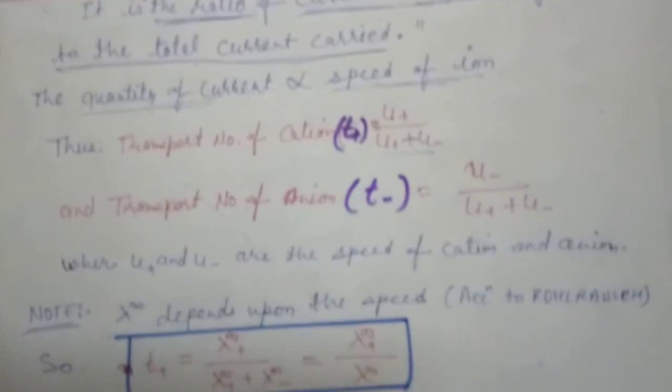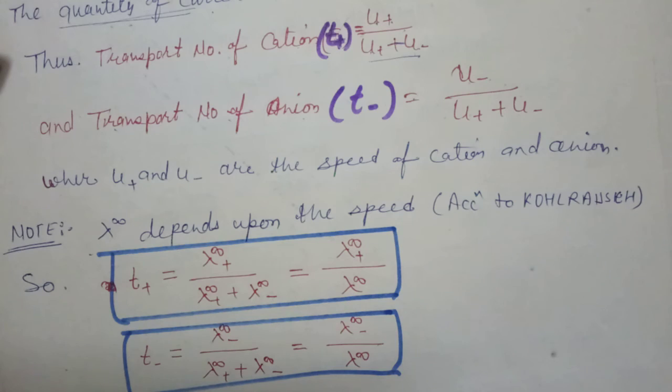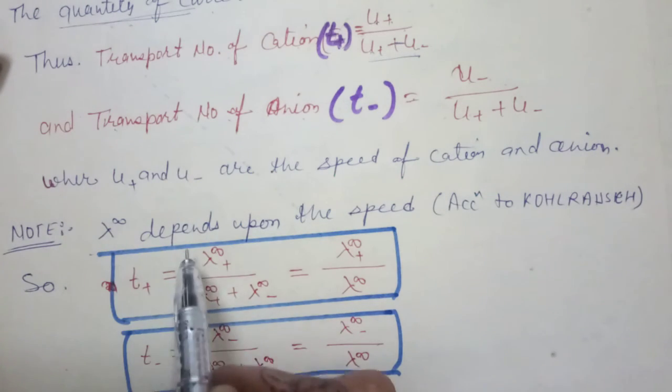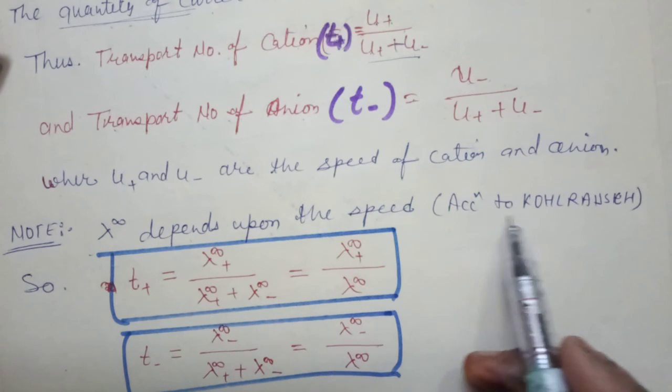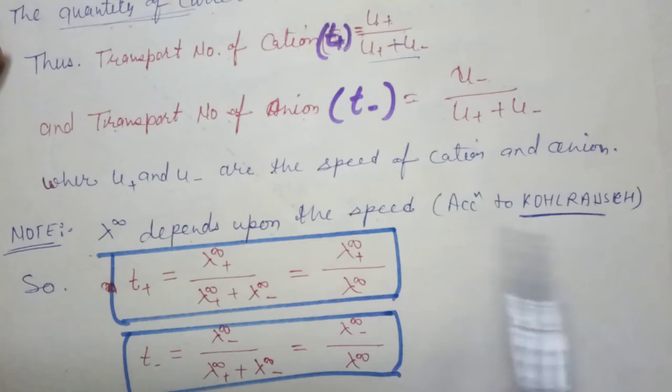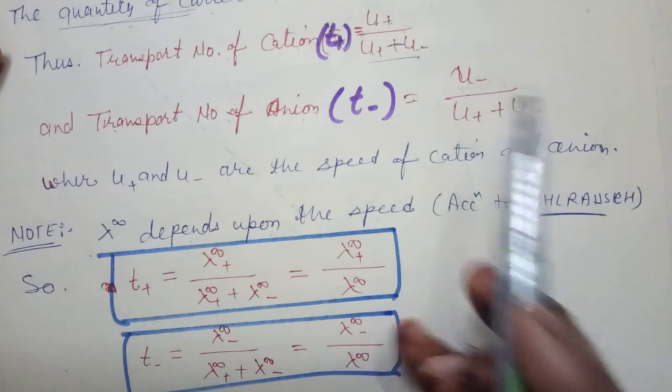Okay, but we have read in Kohlrausch law that lambda infinity depends upon the independent migration of the ions. So according to Kohlrausch law, lambda infinity depends upon U plus or U minus.